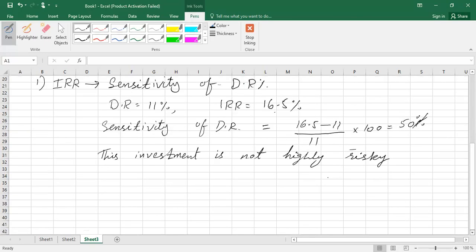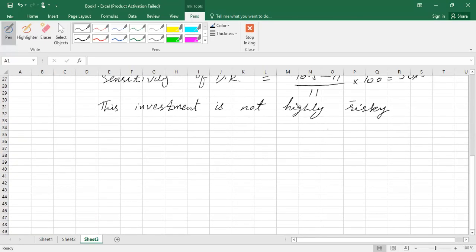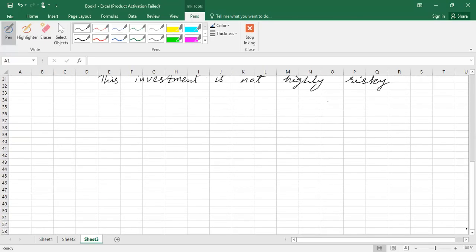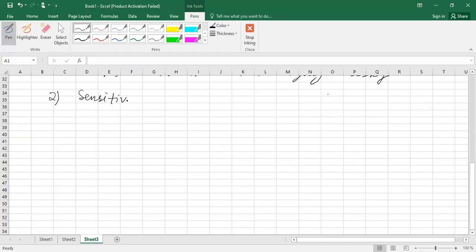The second concept, sensitivity analysis, deals with revenue and cost. For example, the question asks you to calculate the sensitivity of the selling price. Now, how will you solve this?